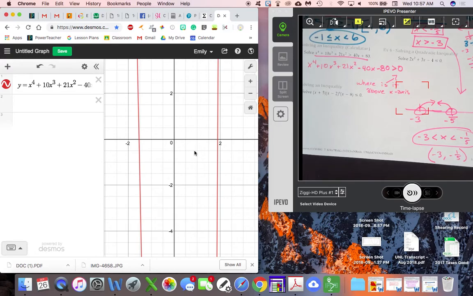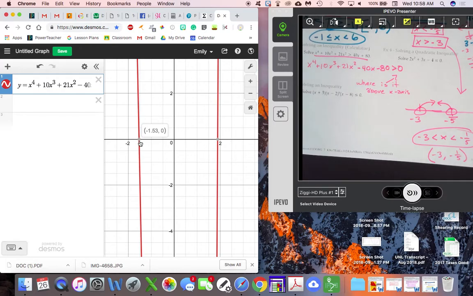So I'm trying to see these points where it's above the x-axis, okay? This is veering off to the left side. This is veering off to the right side, okay? If I click those points and I'm trying to locate that, anytime x is less than, which is on the left side, of negative 1.53, my answer is greater than 0.